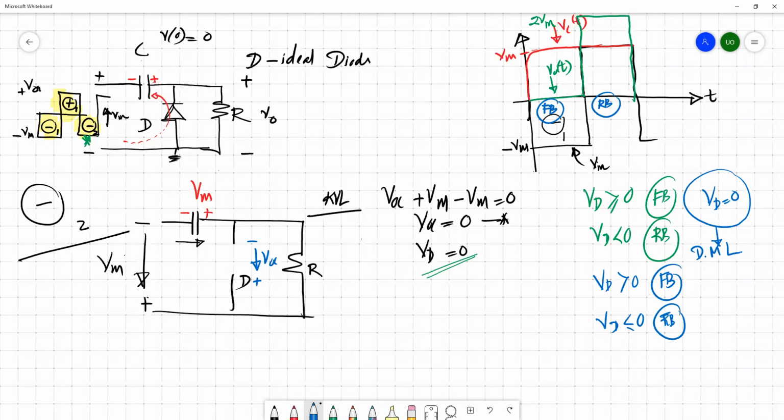So what we can claim here is, if you refer to the previous cycle, the voltage across the diode is basically reverse bias. It means we applied a minus 2 Vm across the diode in the previous cycle and made this diode reverse bias.